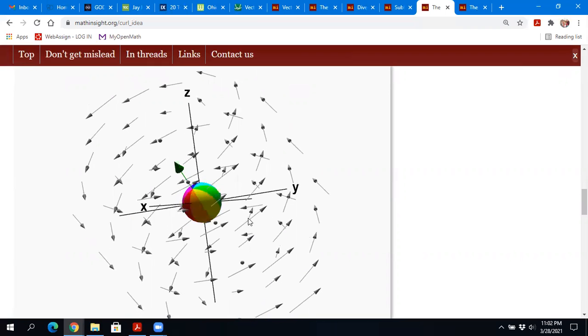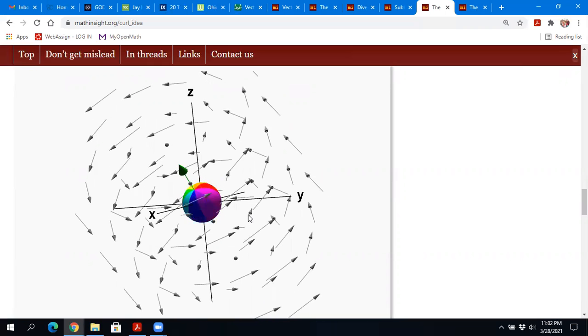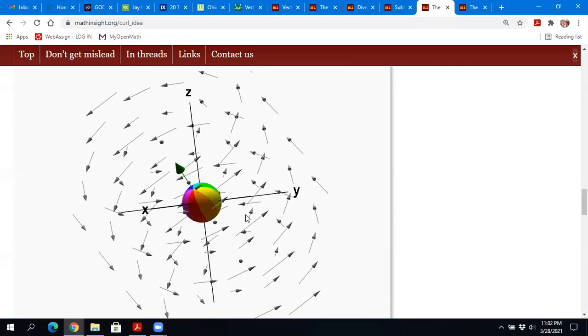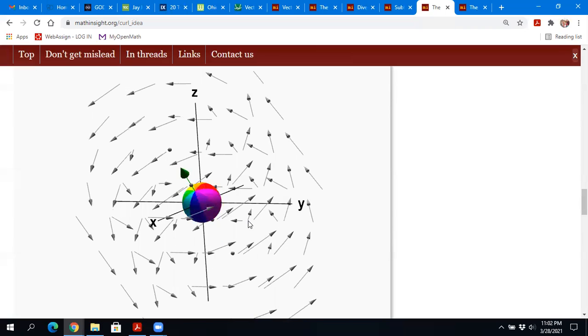See that? So again, the direction of that vector is determined by the right hand rule, and the length of it is determined by the rapidity with which that sphere is actually spinning in that direction in accordance with the right hand rule. Okay.